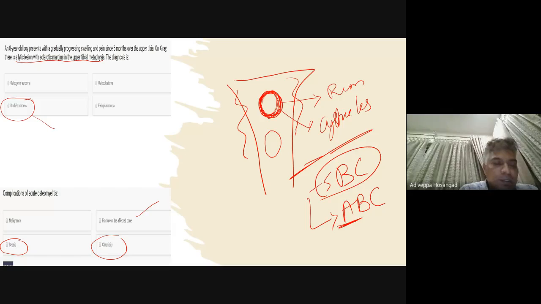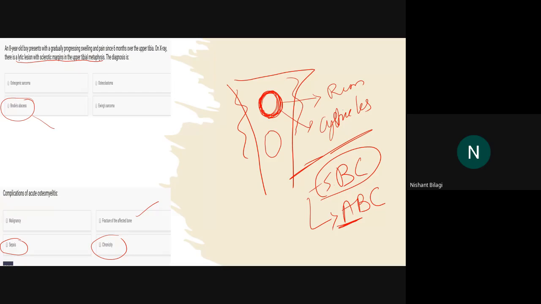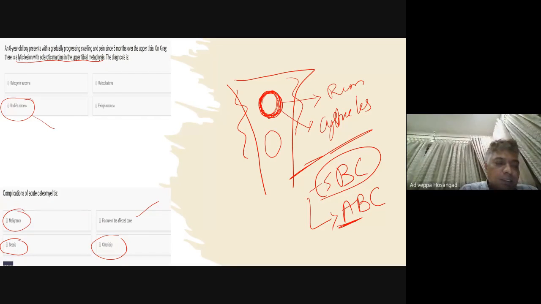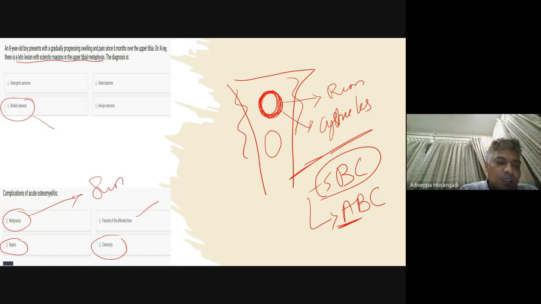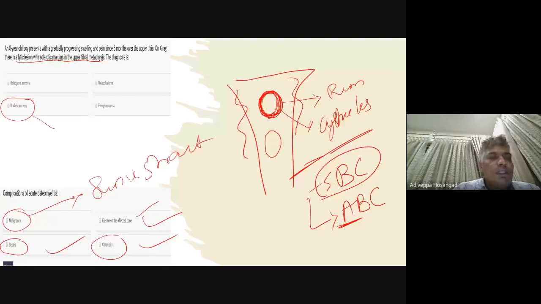Can there be infection reactivation? Yes. Can there be malignancy? There is a rare complication, sinus tract malignancy, but it is very rare. All these are possible. I think there's a mistake in the question.